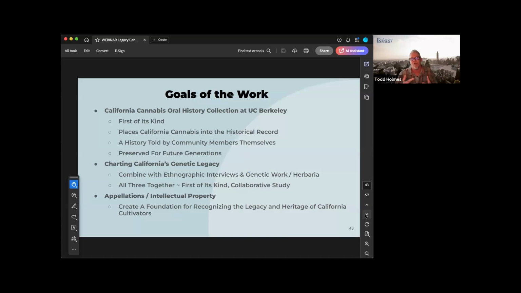Together, this will be combined with the ethnographic interviews as well as the science, which we'll talk about in a minute, to bring this all together for the first time, and to provide a resource to communities as they look at recognizing the legacy and heritage of California cultivators through maybe intellectual protection.